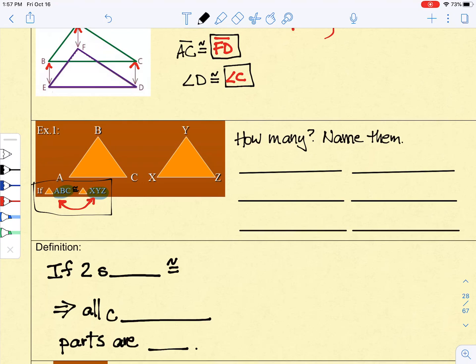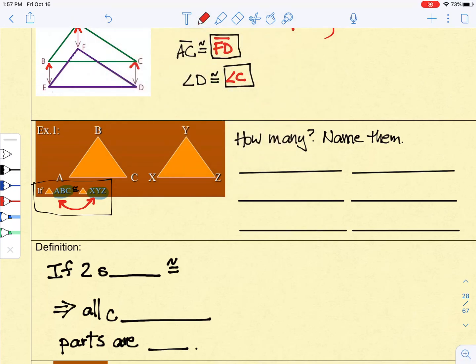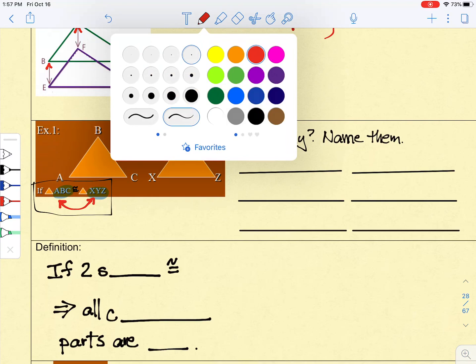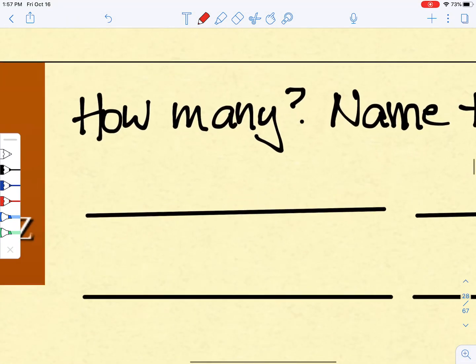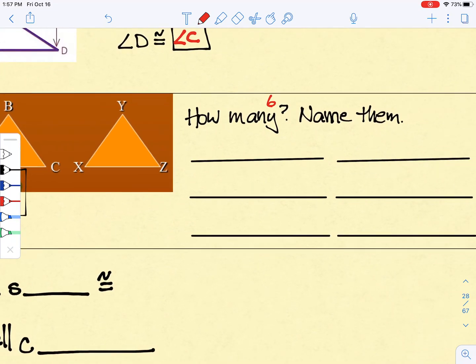Since every triangle has three sides and three angles, the first question is answerable with the number 6. So how many? There's 6 parts. That's why there's 6 lines, and we will go ahead and put little congruent symbols between each of them, and we can start through naming the angles.